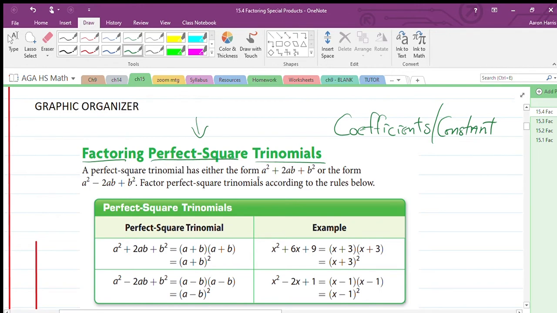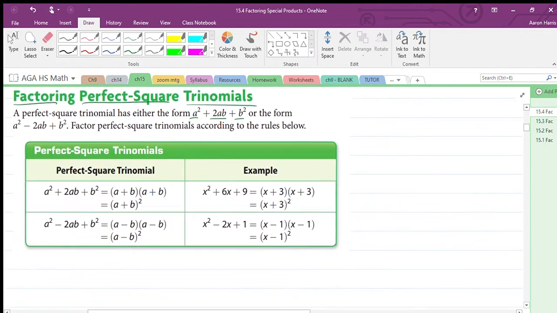So they list it as a squared plus 2ab plus b squared. Now, notice there's no x's in here because they're only concentrating on, that's right, the coefficients and the constants. Is there a way to break those things down quickly and get a factored version of our quadratic?